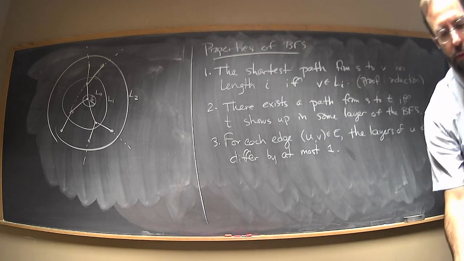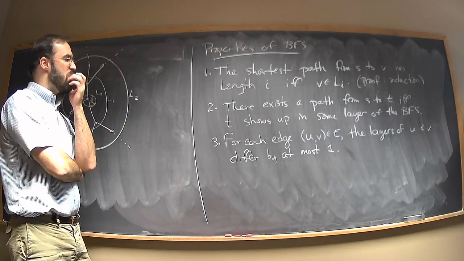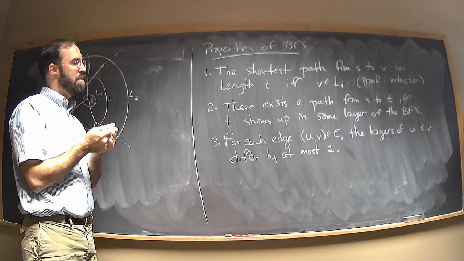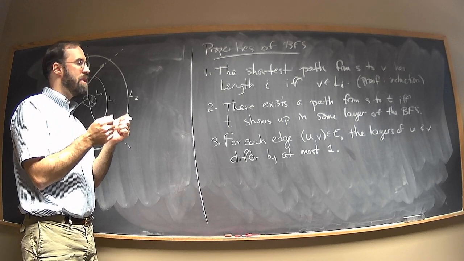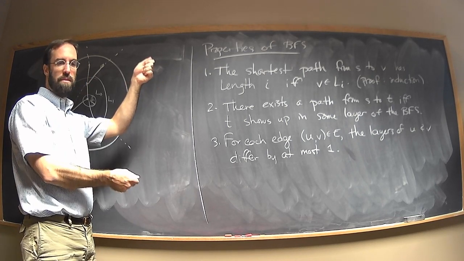Why is this? Another way to say this is, if I have 2 vertices that are connected by an edge, it's not possible that U would show up in layer 3, say, and then V would show up in layer 5.